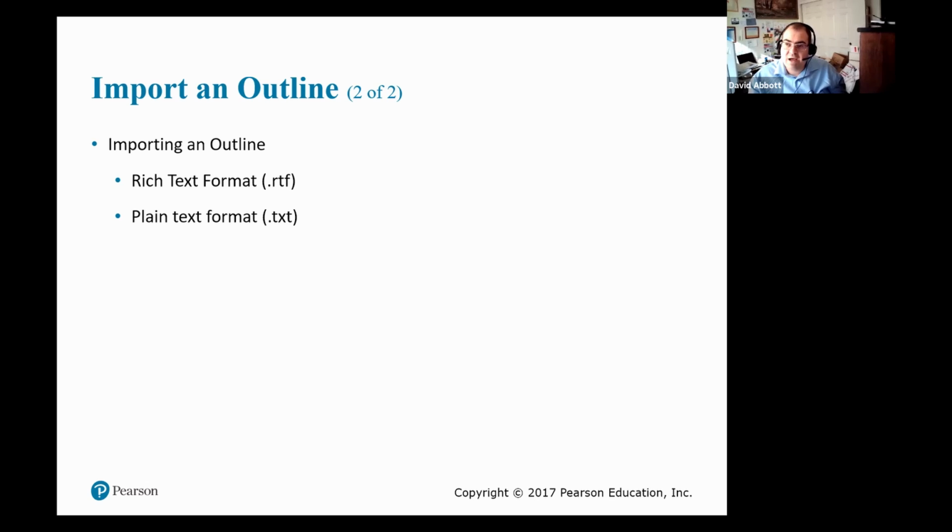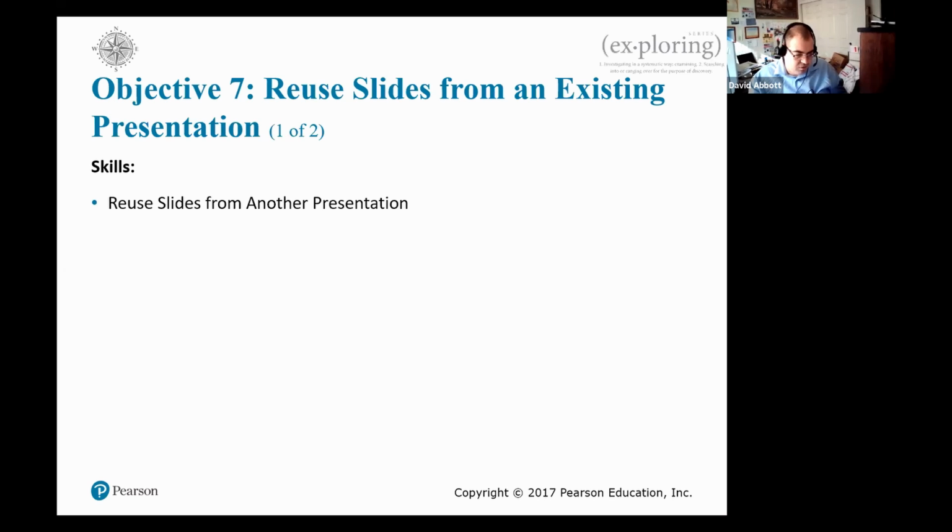So you can do it that way. Even a Notepad document or a WordPad document, you can use that. There are sometimes some problems with importing an RTF file, so you may want to import it as a plain text document that has a .txt extension, because the plain text format does not preserve formatting. Each line of the outline becomes a separate slide. That can cause some issues, but we'll look at that.